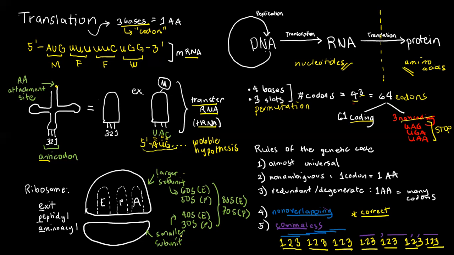Now, the way we label them depends on whether we are referring to a eukaryotic or a prokaryotic cell. The numbers you're seeing here refer to their S value, wherein S stands for Svedberg. This is a unit of sedimentation, I believe.